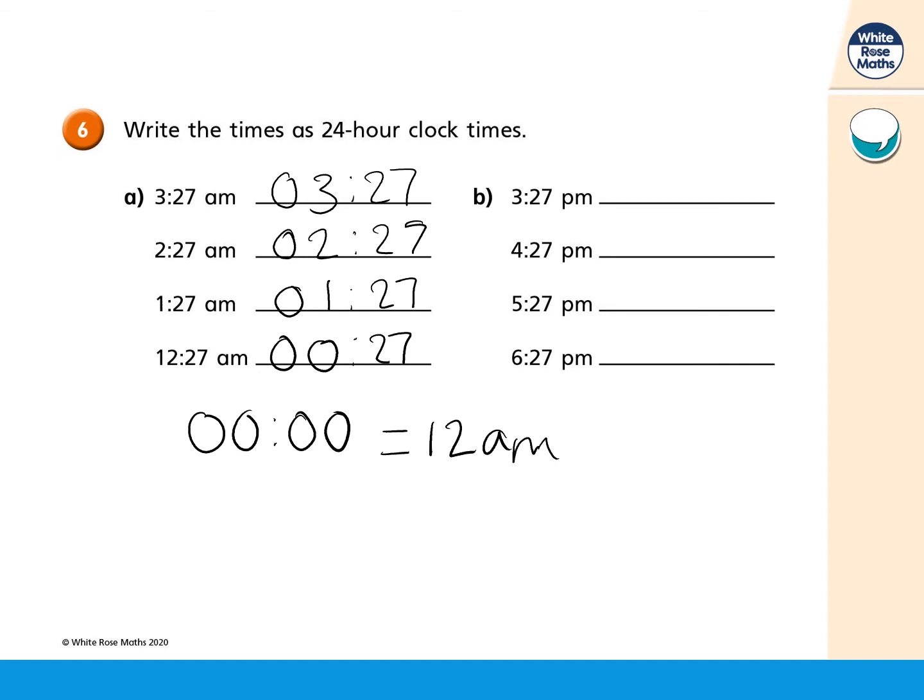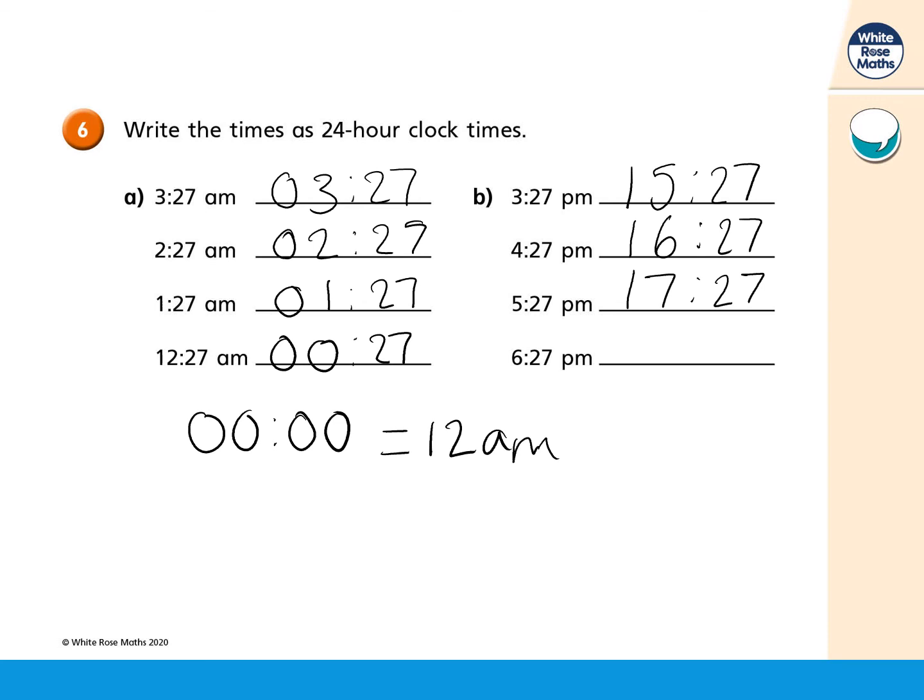Let's have a look at B. 3:27 p.m. So these are all in the afternoon. So 3 add 12 is 15. So that would be 15:27. 4 add 12 is 16. So that would be 16:27. 5 add 12 is 17. So 17:27.